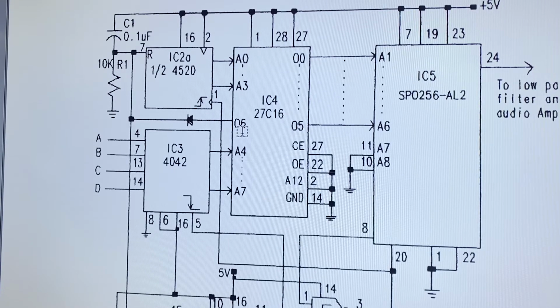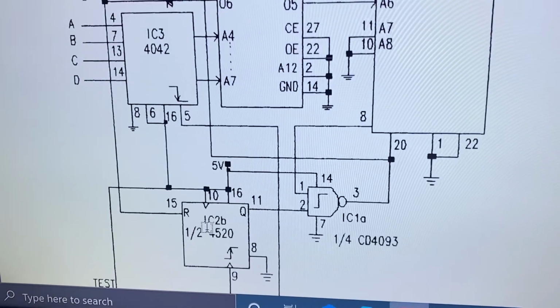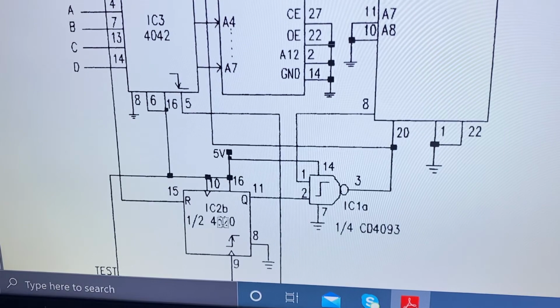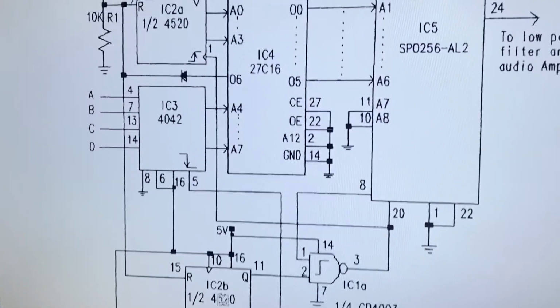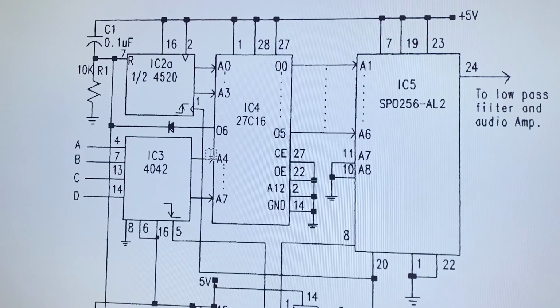In this case, output 6 is used to reset the counter, and reset a flip-flop that is right here, the reset of this 4520 counter, which is used as a single bit flip-flop. And why is it used as a reset?